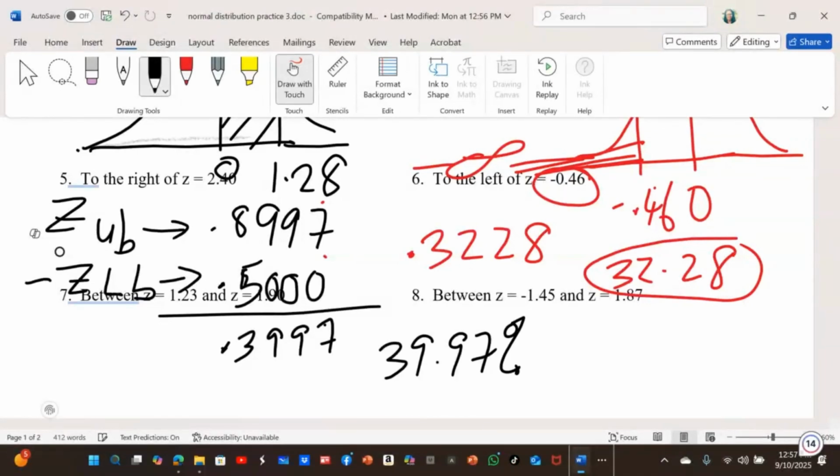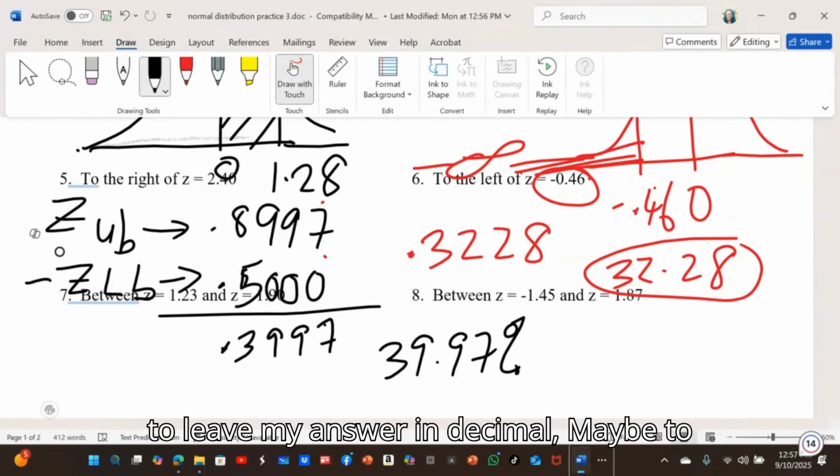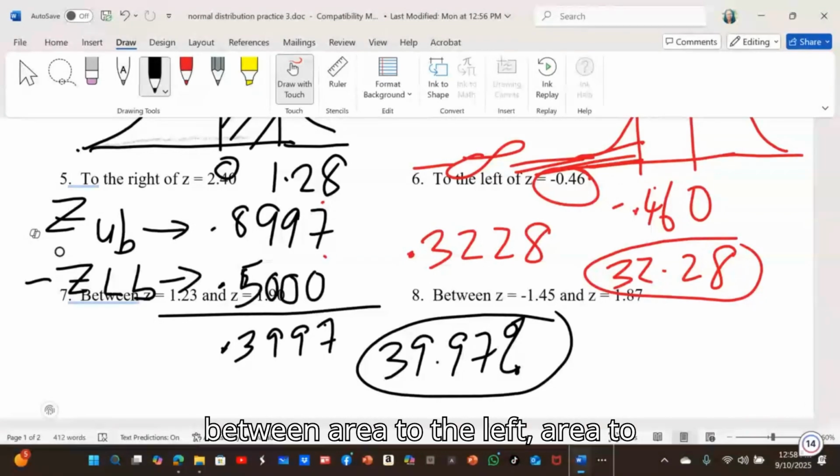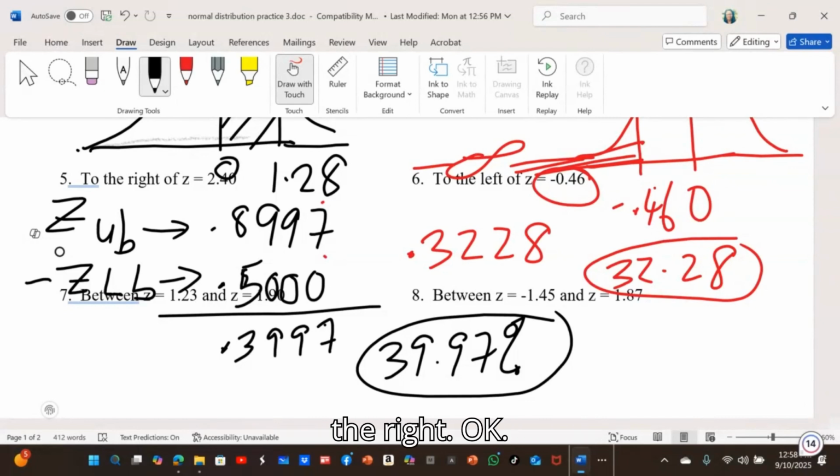If I'm told to leave my answer in decimal, maybe to 1 decimal place, I'll write 0.4. So anyway, the area is 39.97%. So you can now use your chart to find the area between, area to the left, and area to the right. All right.